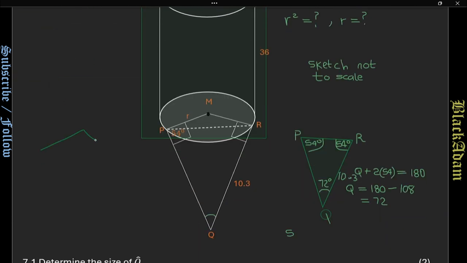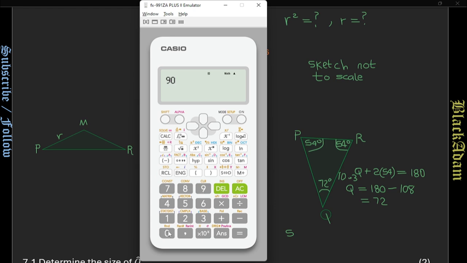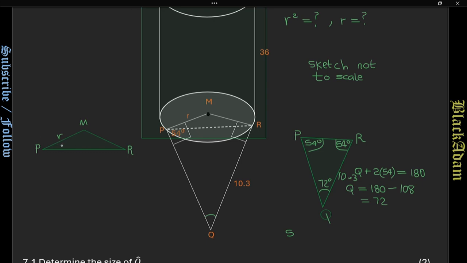Now we're going to do a special triangle there, so that's MR, and that one there is 90 degrees, so we have P there and R. That's 90 minus 54, so that's going to be 36 degrees, and that's also 36 degrees.